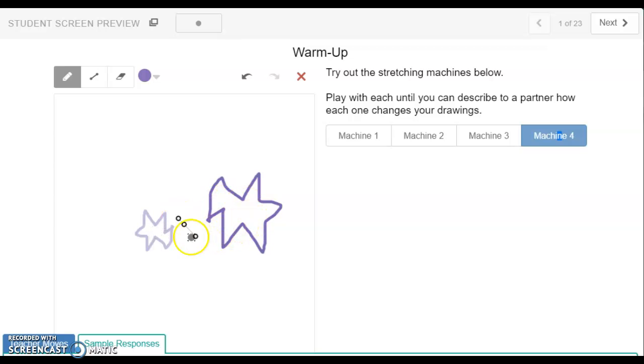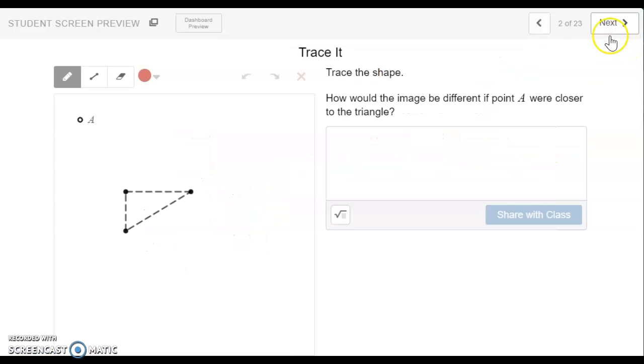We have 2 images on either side. This one doesn't show so well, but if I draw a figure that looks more like a D, the image is actually rotated as well as reduced. Okay, let's go to the next card.